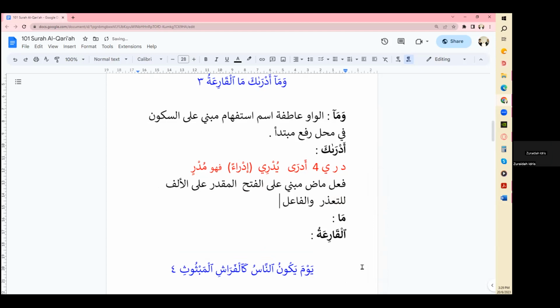So if it's huwa, would it be mustatir wujuban or jawazan? No, it's huwa. Huwa is not wujuban, because wujuban means that it has to be seen, but it doesn't have to be.